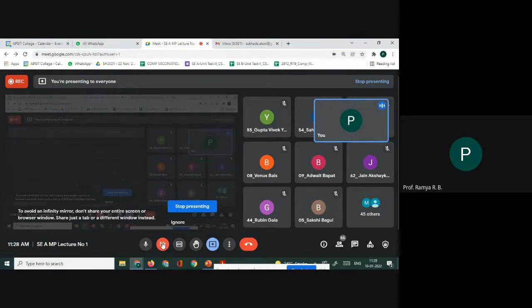Why teach 8086 itself instead of 8085? I told you we are learning the subject using 8086, not 8085. I told you when I was learning, I learned the subject using 8085. Does anybody know the answer to this question?